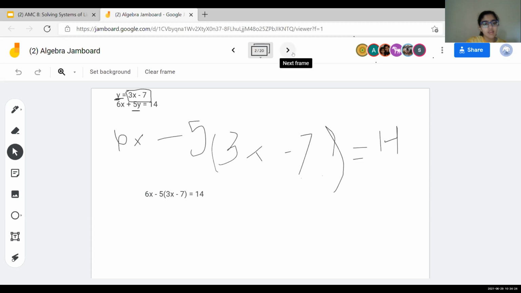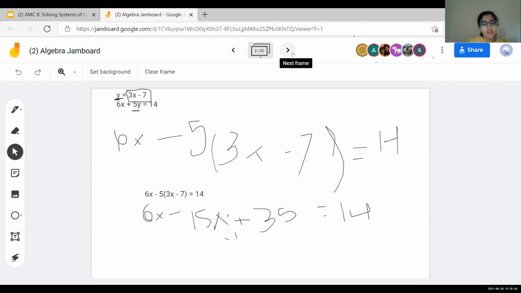So we get 6x plus 15x minus 35 is equal to 14. Sorry, I meant to type x, not y.